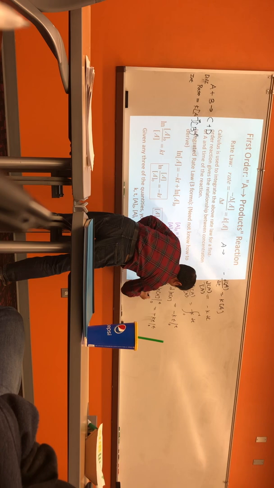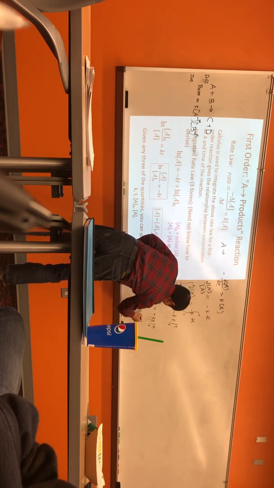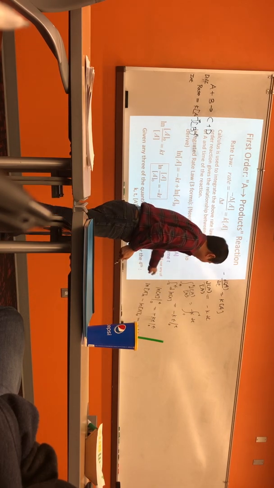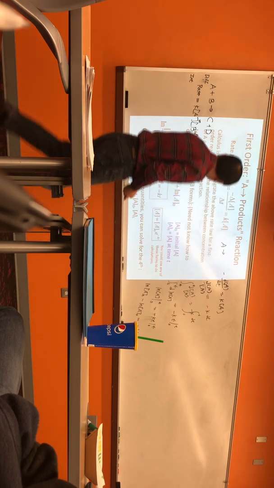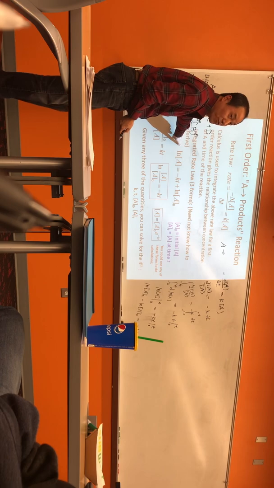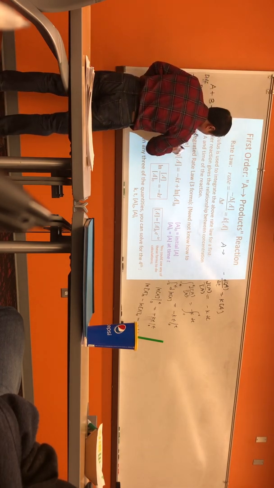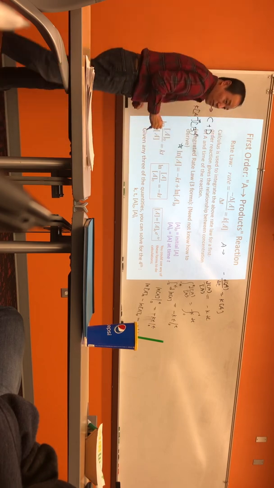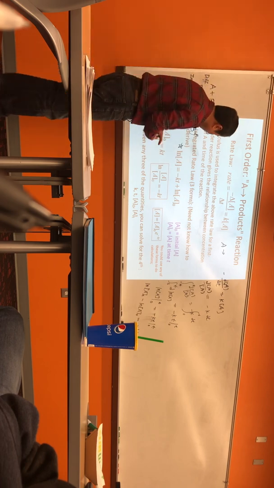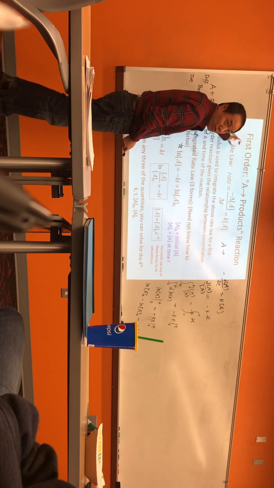And that will be ln[A]t minus ln[A]0. So that is the integrated rate law appearing right here. Okay? You don't have to derive it, but eventually you should remember this. So for this course, you don't have to derive it, but you have to know this is the integrated rate law for a first order reaction. Okay?